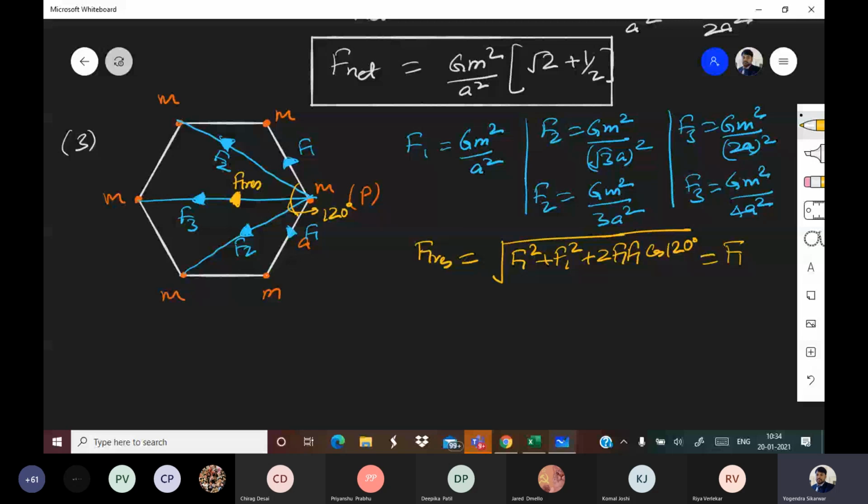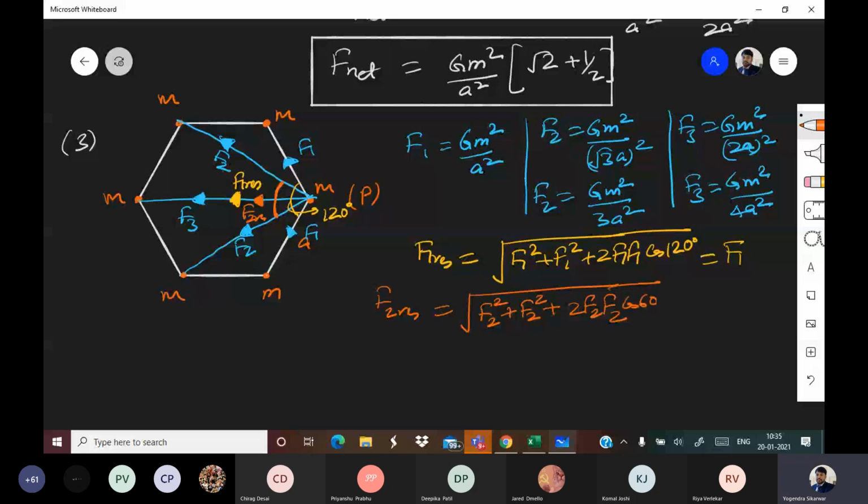So F2 resultant will also be in the direction of F2, F3. F2 resultant will be under the root of F2 square plus F2 square plus 2 F2 cos 60.